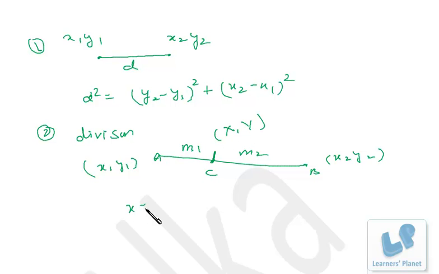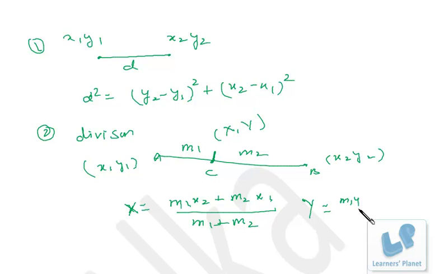So x is equal to m1 x2 plus m2 x1 upon m1 plus m2, and similarly y is equal to m1 y2 plus m2 y1 upon m1 plus m2. This is called internal division because C is in between A and B, not exactly at the center but between A and B, right?